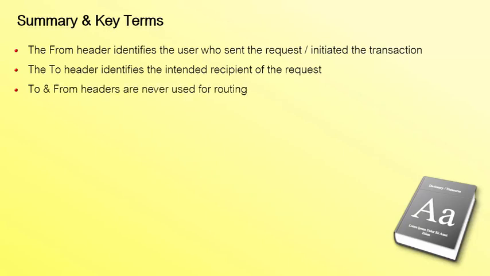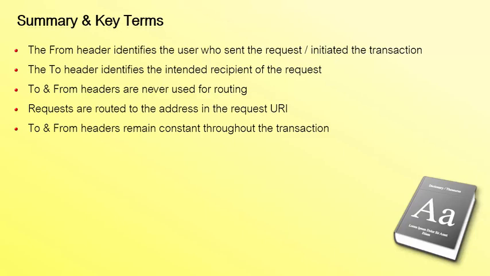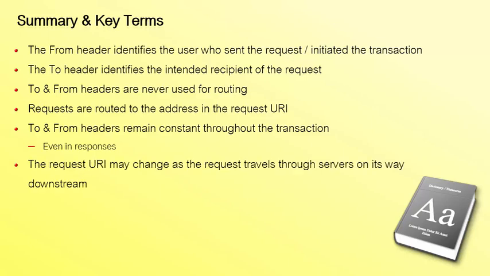To and From headers are never used for routing. Requests are routed to the address in the request URI. To and From headers remain constant throughout the whole transaction, even in responses. They don't get swapped over like some of us might have thought. The request URI, on the other hand, may well change as the request travels through servers on its way downstream.